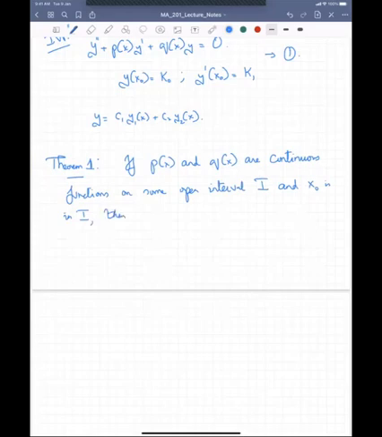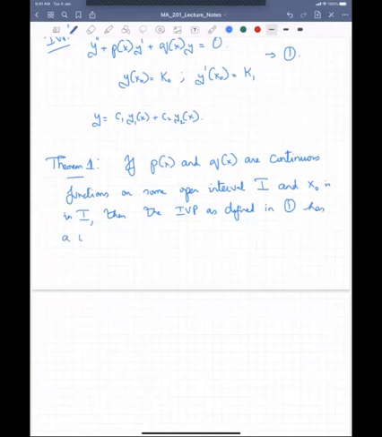Then the initial value problem as defined in equation 1 has a unique solution y of x on the interval I.